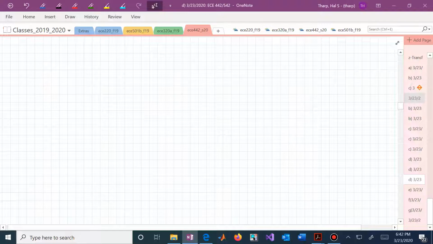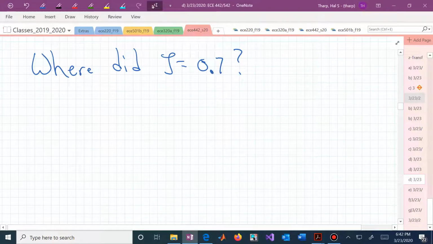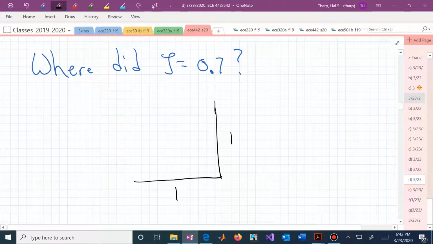And maybe if you just wanted to ask yourself, where did zeta equal to 0.7 come from, or what can we think of there? Remember we said that was sort of a Goldilocks value. We can actually convince ourselves of what that corresponds to by drawing some triangles. Let's say this side is 1 and this side is 1.